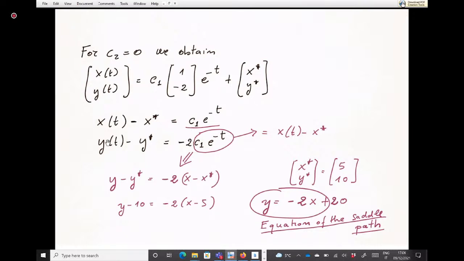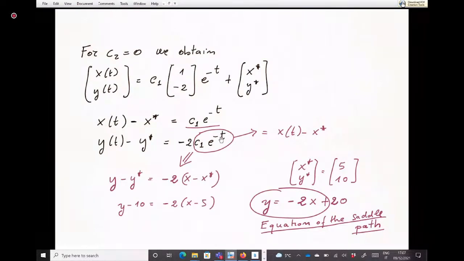But if you go back here to the behavior of y, it's minus 2 times this quantity circled with red, but this quantity circled with red is just this one, x_t minus x star, okay? So you can replace here x_t minus x star. So you get y minus y star is equal to minus 2 times x minus x star.